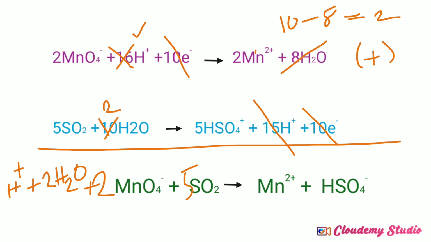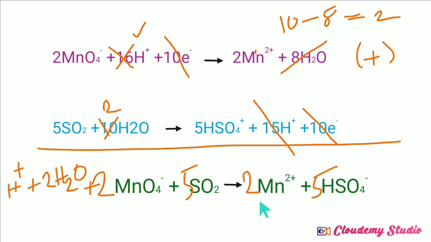On the right hand side, what are the substances left out? 2 moles of manganese ions. Then from the second equation, 5 moles of hydrogen sulfate ion.